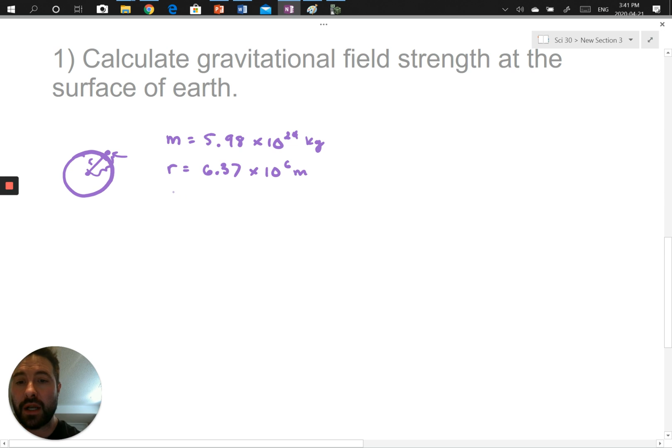And then I also have capital G. That's a constant. That's going to be the same every time you're using this formula. So it's, what is it again? I can never remember. Oh yeah, 6.67 times 10 to the negative 11 newton meter squared per kilogram squared. And then little g, that's your gravitational field strength. That's what we're going to be looking for.